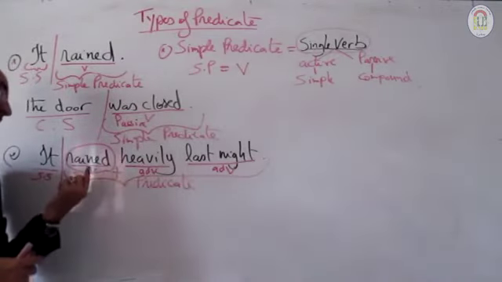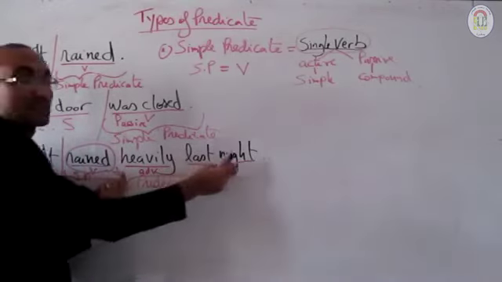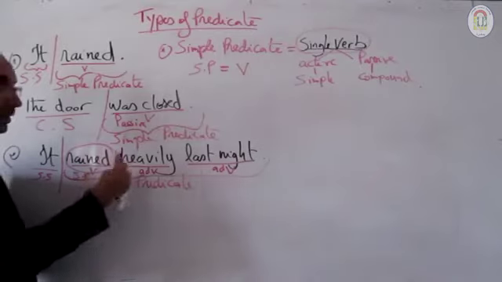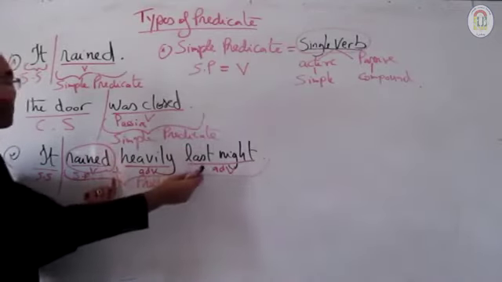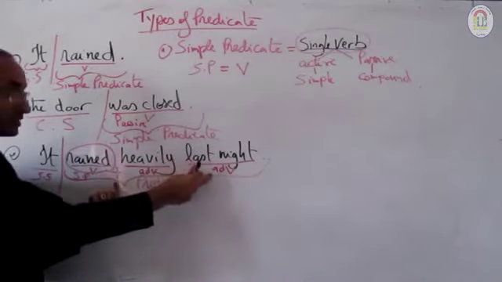So we're going to have this simple predicate or this verb plus other elements which are related to it, like objects and complements, or which come to modify it, like adverbs and some phrases.